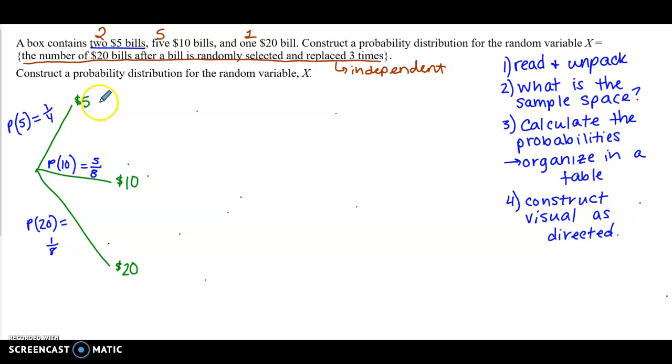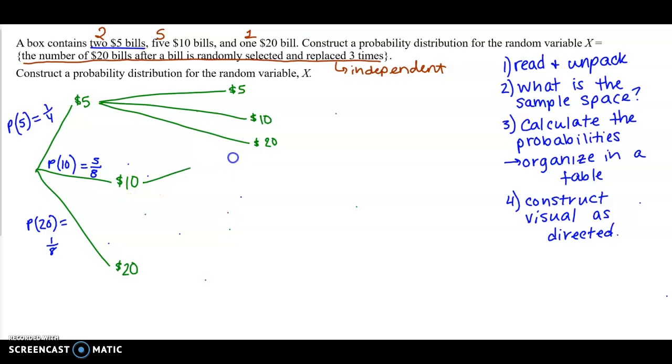Okay, what can happen after that? You can pull a $5 bill again, a $10 bill after the 5, or a $20 bill after the 5. Same thing here: you can pull a 10, then a 5, a 10, then a 10, and a 10, then a 20.